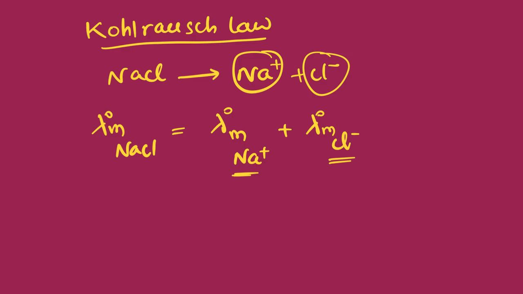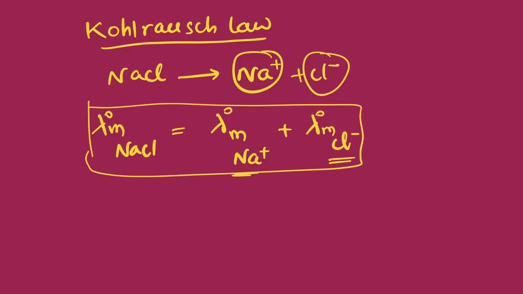So the limiting molar conductivity of an electrolyte is equal to the limiting molar conductivity of the cation and the limiting molar conductivity of the anion.